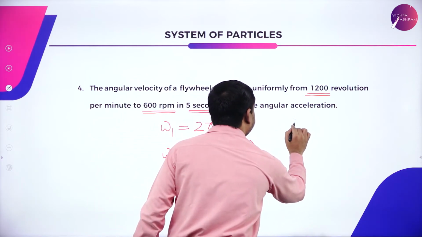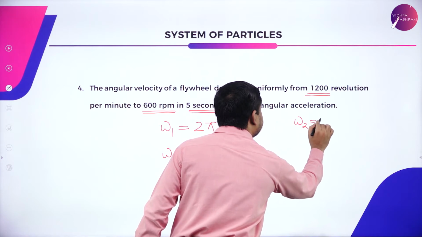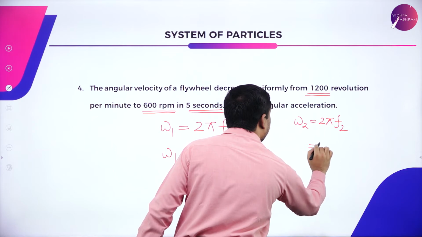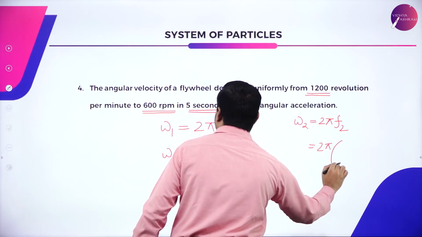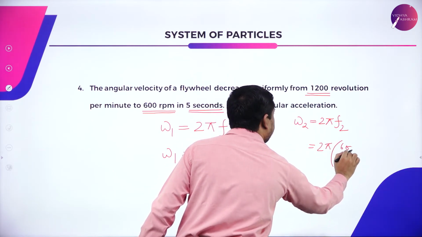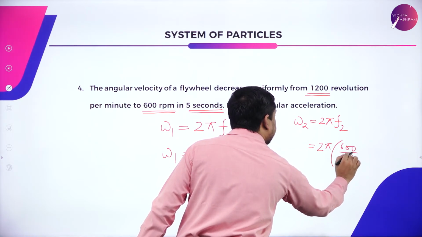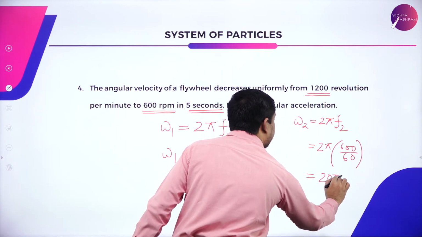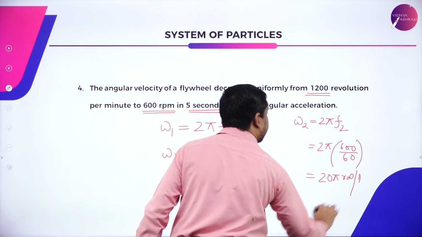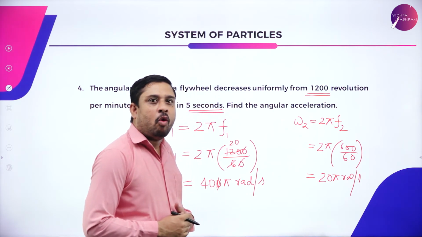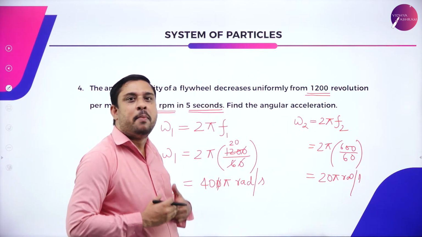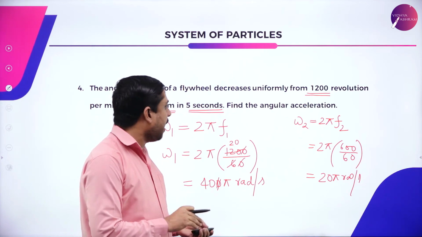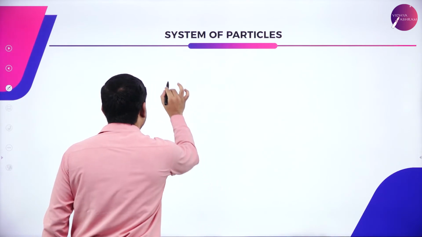Omega 2 is 2 pi f2. Now this is 2 pi into 600 by 60, which is 20 pi radian per second. Omega 1 is known. Omega 2 is known. Time is 5 seconds. How will I calculate alpha? Good.